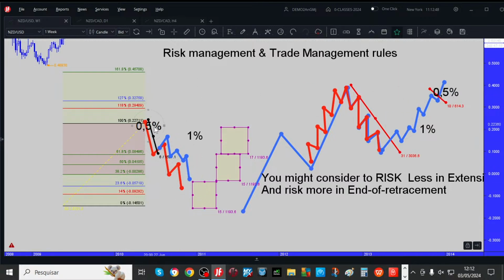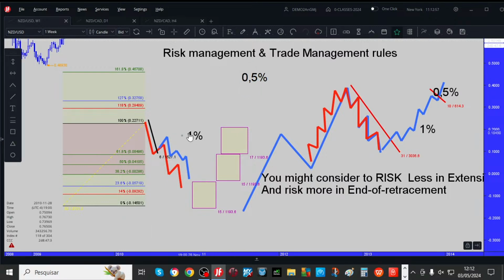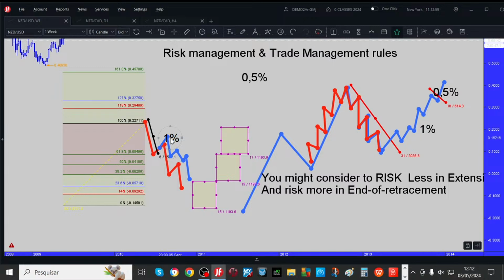Can I just risk the percentage that I'm risking and it's always the same? I said, yes, you can, but look what happens if you risk 1% in here. Oh, but I can enter another 1% in here. You are increasing the risk.